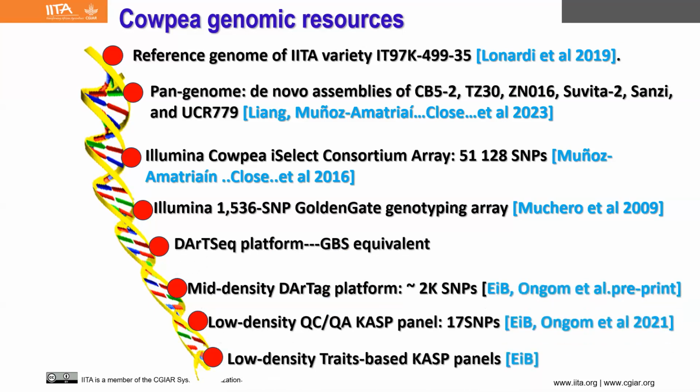We also have genotyping platforms like the DArTseq from the Australian team, which is a GBS equivalent that the cowpea groups are exploiting also for genotyping. And recently, a mid-density genotyping platform has also been developed with over 2,000 SNPs, and we'll discuss a little bit more on top of what Dr. Tim has already presented. We also have the low-density marker panels, which are basically for quality control and trait-based markers that have been developed, and we will dive into them in the coming slides.